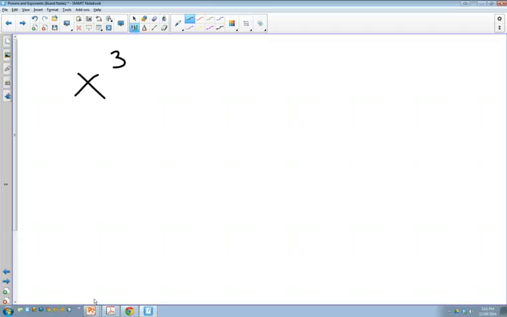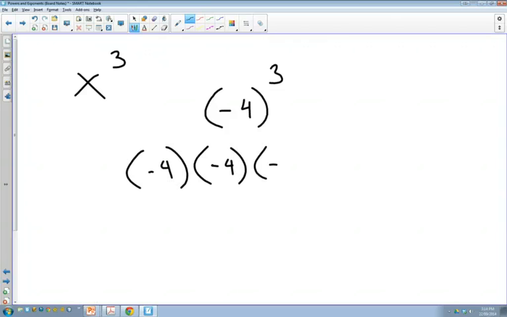Remember, my technique is take your variable and replace it by -4, but always put brackets. Always. Can't recommend that strongly enough. A lot of people can do it without the brackets, but I wouldn't recommend it. Now, put the power back. So what that means is really this, -4 times -4 times -4.